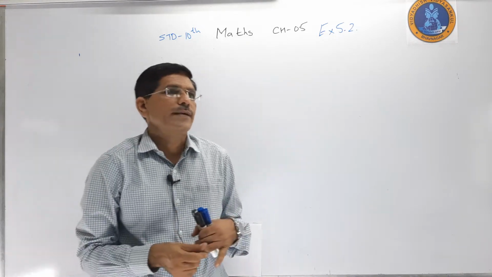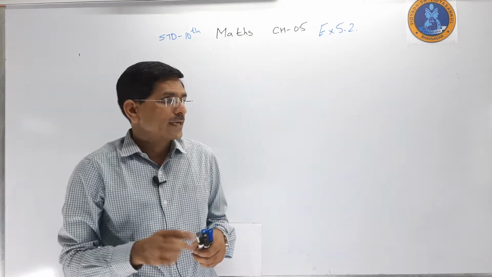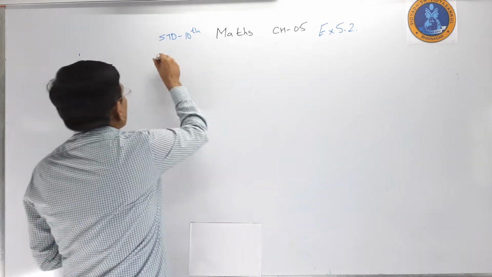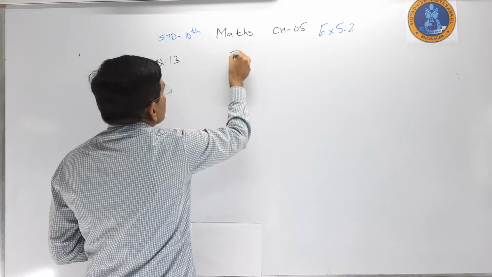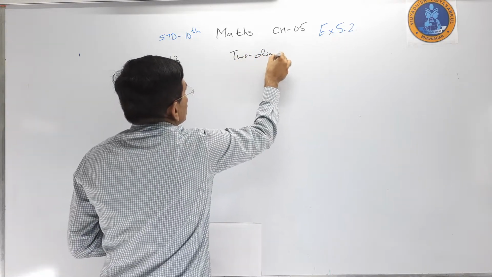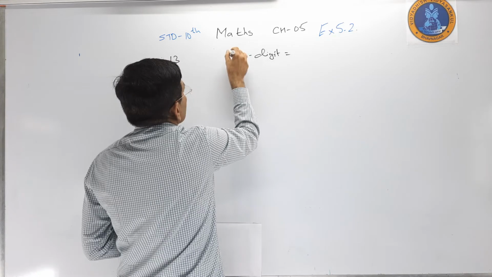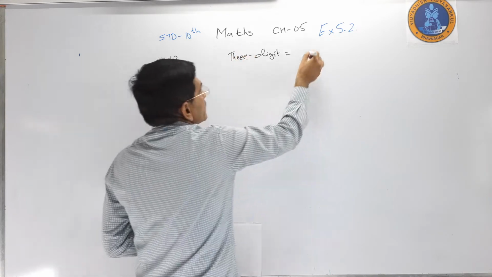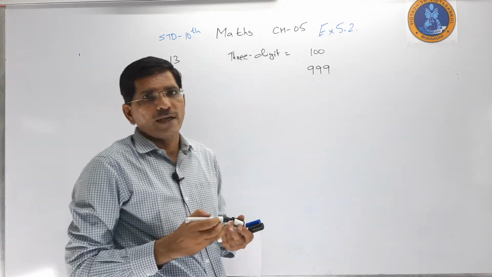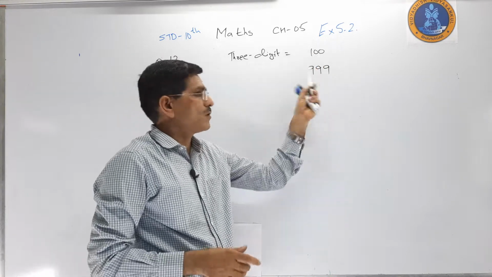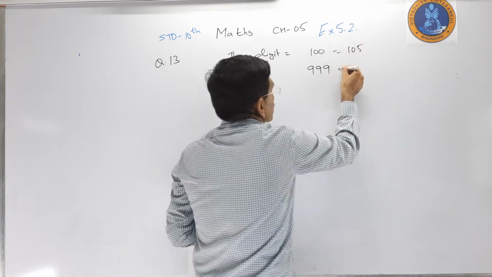First of all I have to find the smallest 3-digit number, that is 100. The smallest and largest numbers we already have, but they are not divisible by 7. 999 is also not divisible by 7. So here we can write 105, divisible by 7.